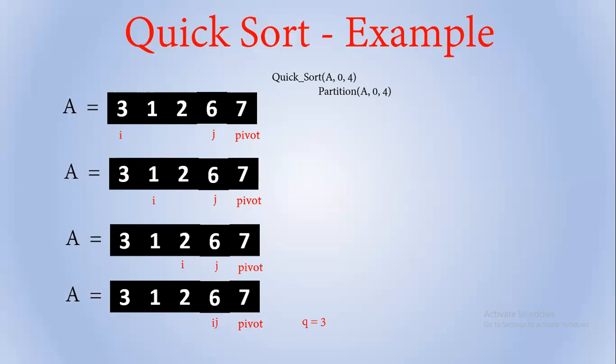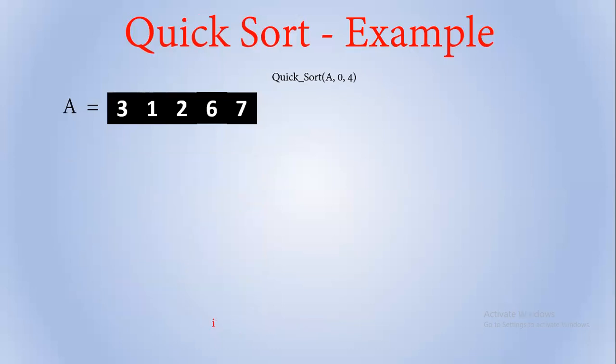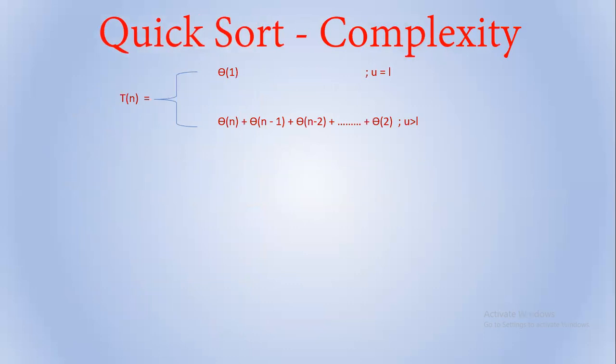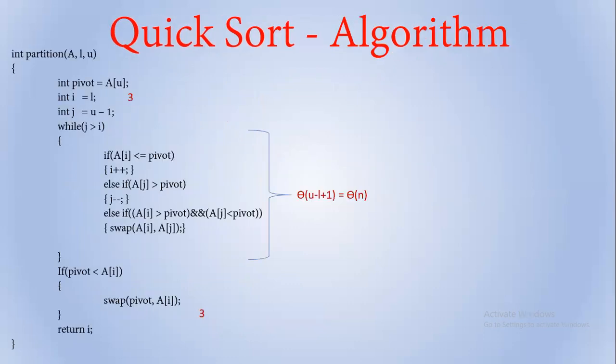Now the value of I is 3. Now it will check whether A[I] is greater than the pivot value. So if the current value of I is 3, it will check whether A[3] is greater than pivot.